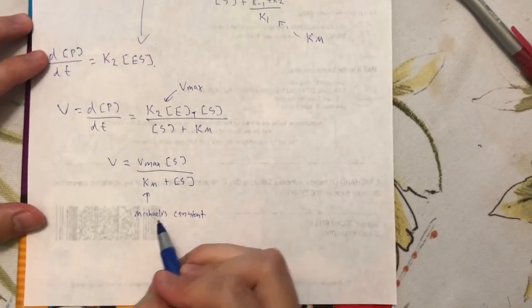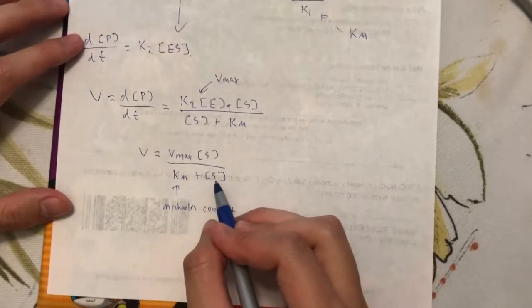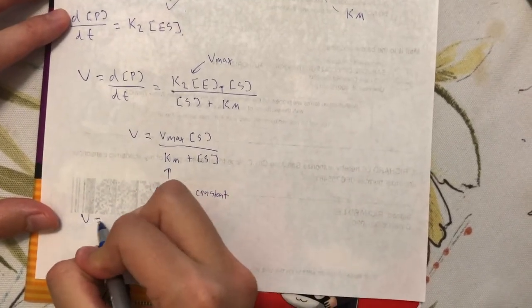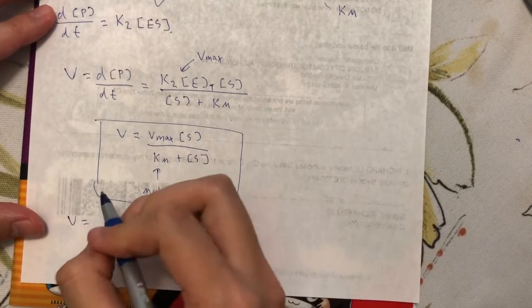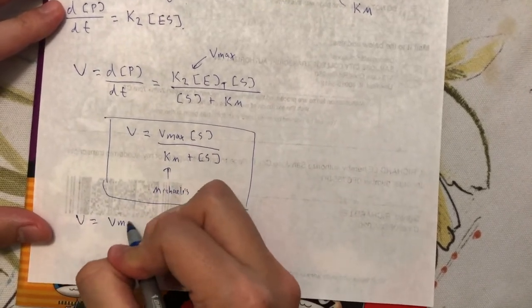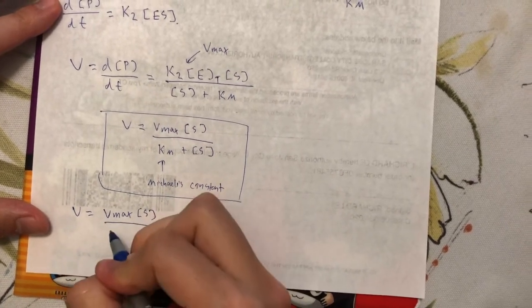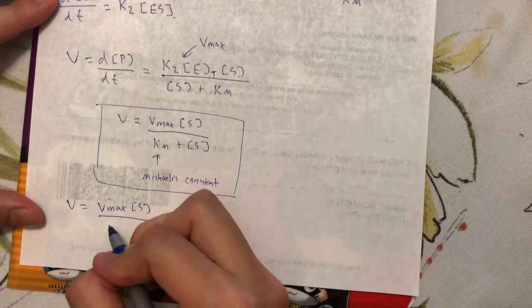So what if we allow Km to be equal to S? So we can rewrite such that, so let me box this here, as that is the Michaelis-Menten equation itself. V is equal to Vmax times S over concentration of S plus concentration of S, because they're both equal, or 2S.